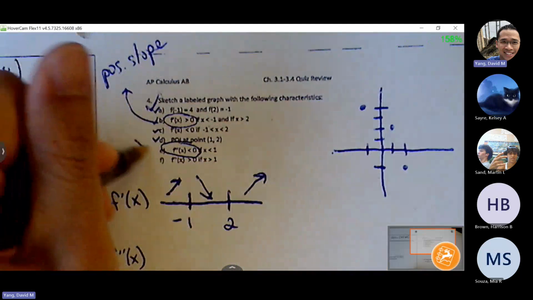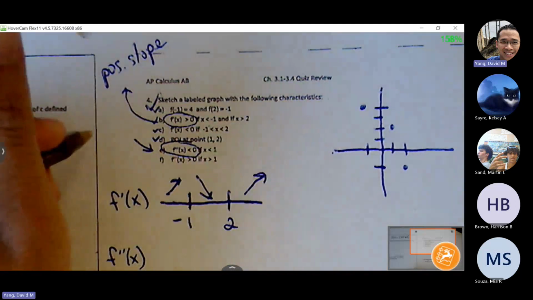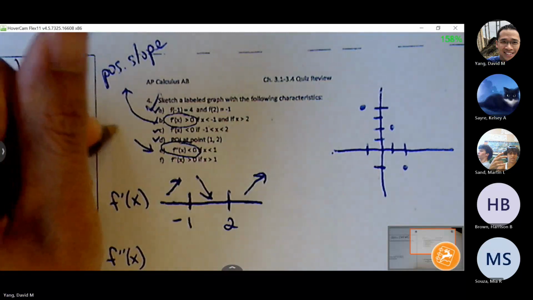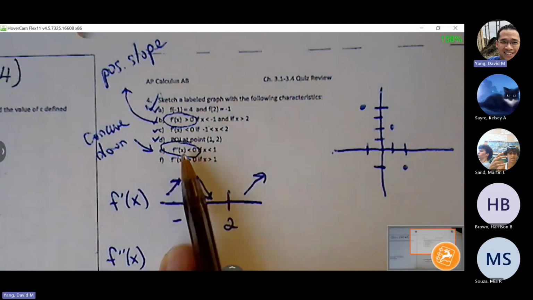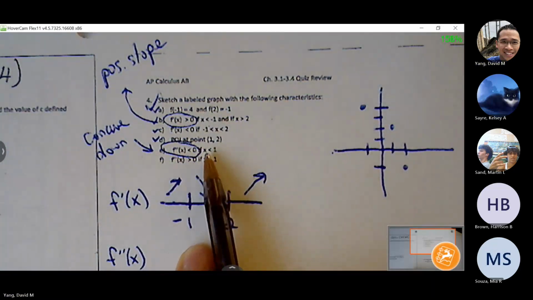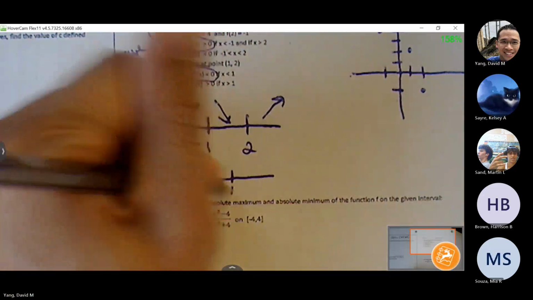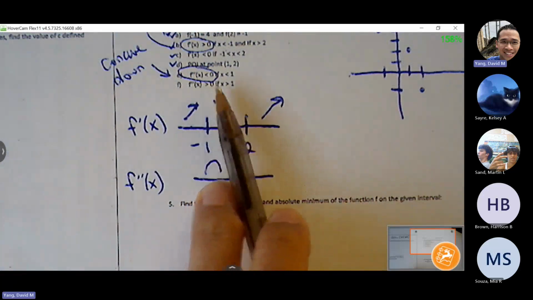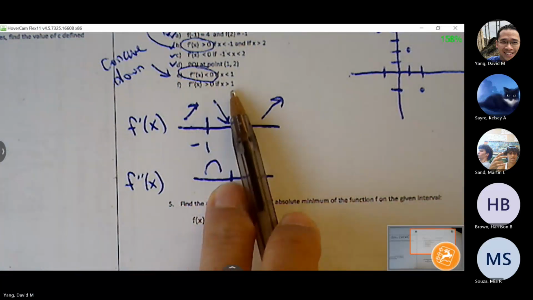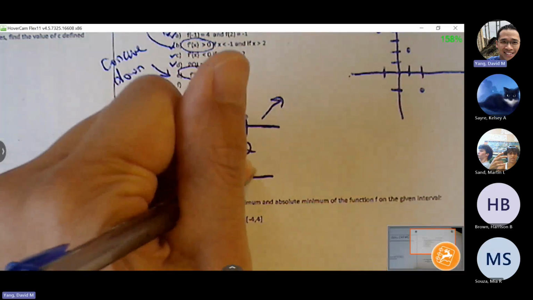What does that tell us about the graph? Concave down. Where's the graph concave down? To the left of 1. F double prime of x is greater than 0 if x is greater than 1. Concave up to the right of 1.